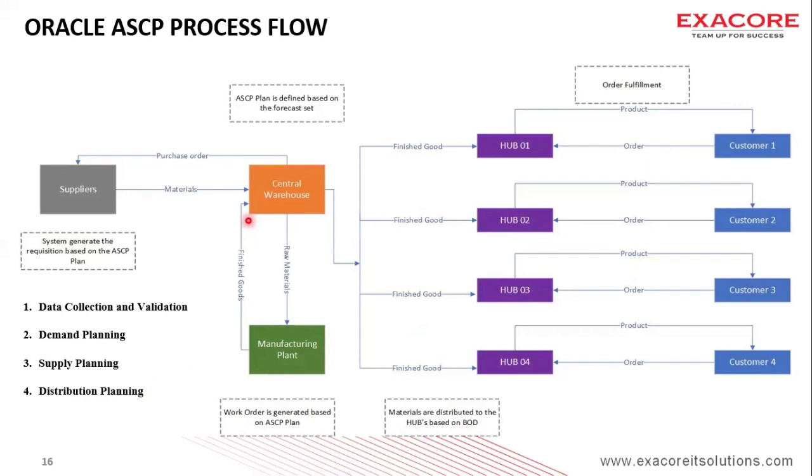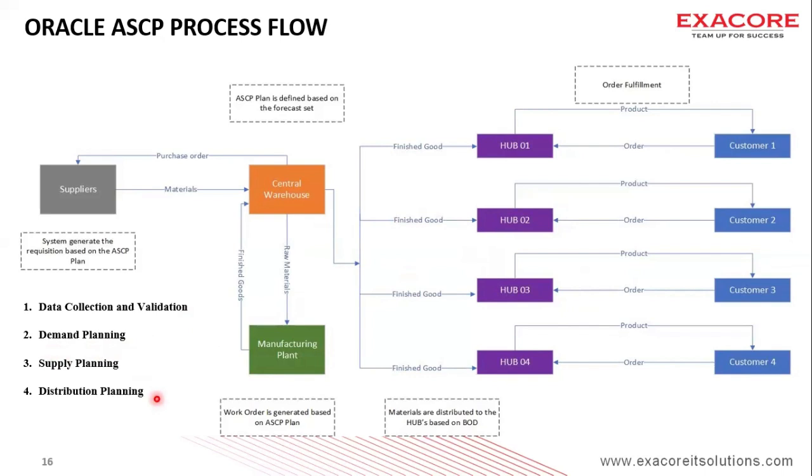Similarly, ASCP schedules production at the manufacturing plant, ensuring that the plant's capacity is utilized optimally to meet the demand for finished goods. Also, in supply planning, ASCP will optimize the inventory levels at central warehouses and hubs to ensure there is enough stock to meet the demands. So this is the data collected for the supply planning.